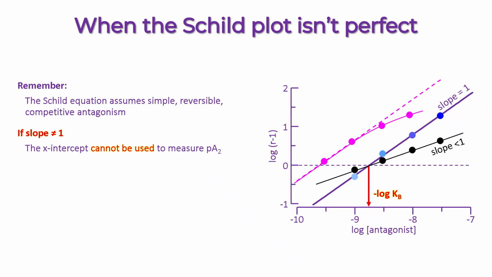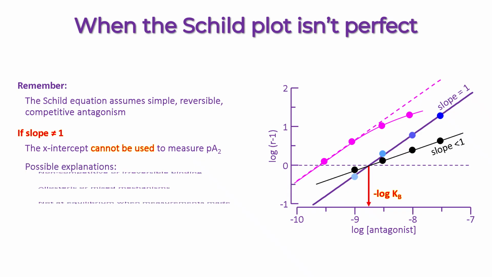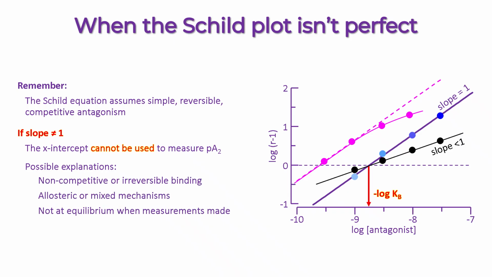There are several possible explanations. The antagonist might be non-competitive or bind irreversibly. It could act allosterically at a different site, or the preparation might not have reached equilibrium before measurements were taken.